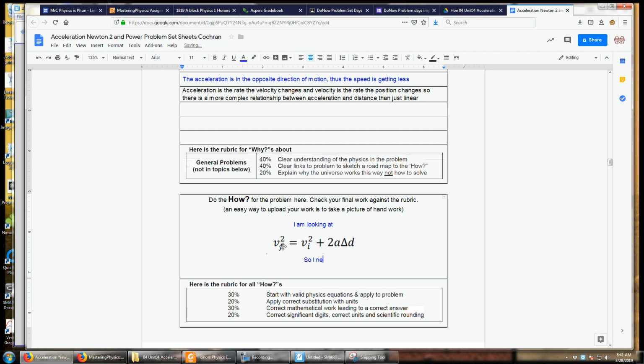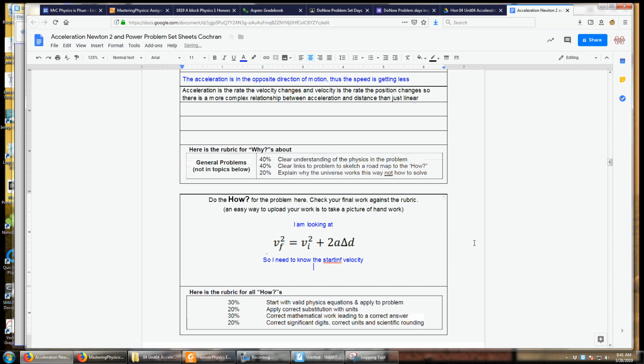So I need to know the initial, let's call it starting velocity. The final velocity.